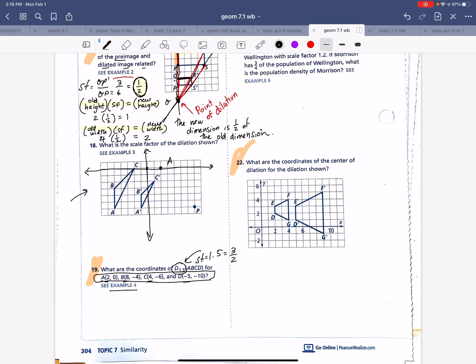So that would be A. And the next coordinate is 8, -4. So 2, 4, 6, 8, -4. That would be B. C is 4, -6. So 4 and drop it down 6. And this one's going to be off the page. So D is -5, -10. So somewhere over here is D.